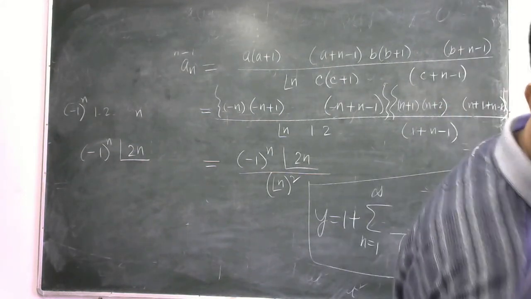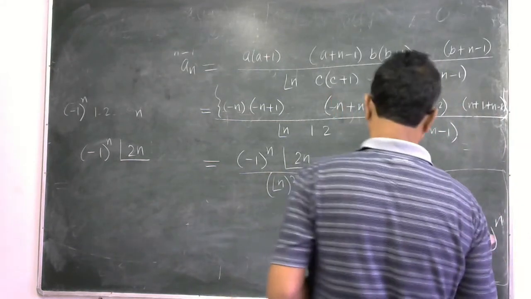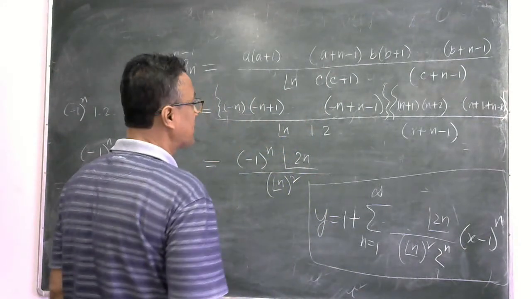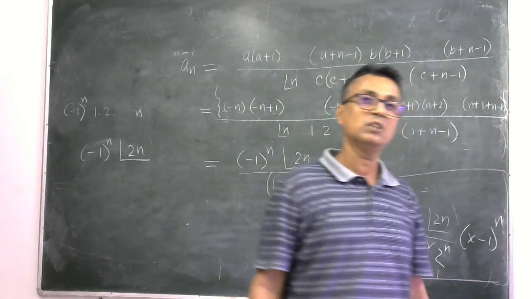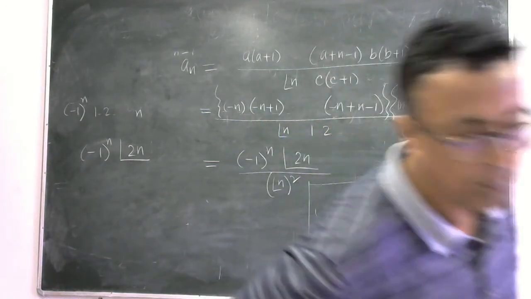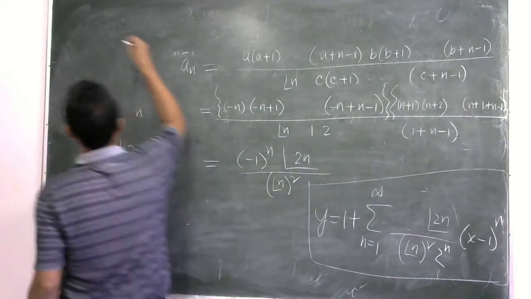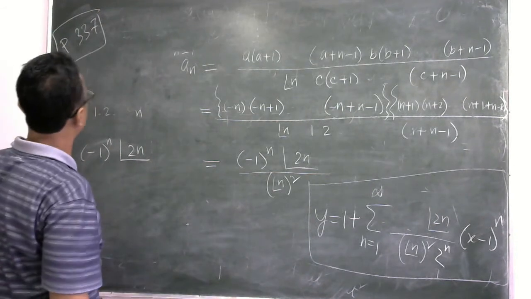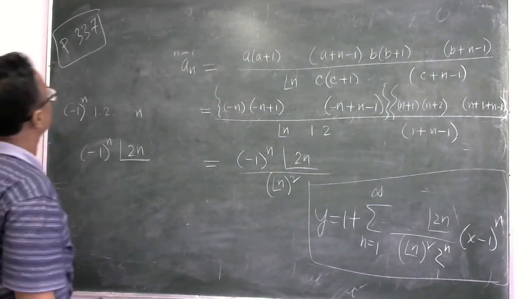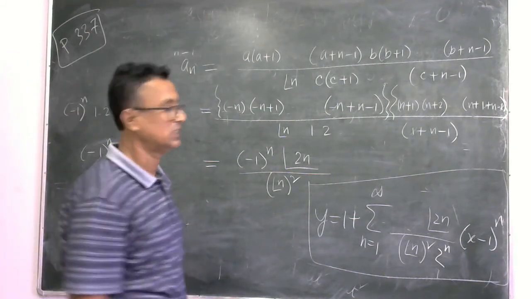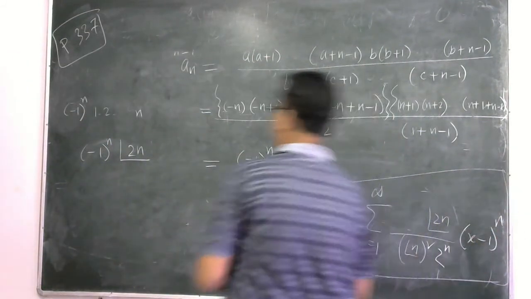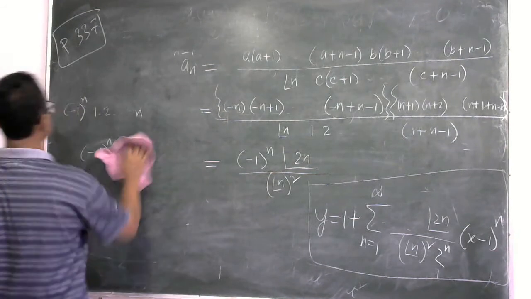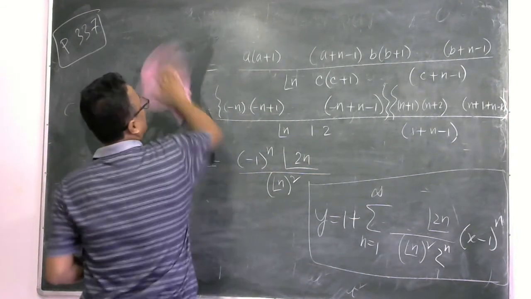So I will just give you the second series solution, and then please follow the remaining part from Simon's book, from page 337 onwards. I have a printed book, so I don't know whether it is the same in your PDF, but you'll be able to find it out. So let it be like this. Let me try to find out the second solution, and then I am going to tell you what further study you'll have to do, because I'm running out of time.